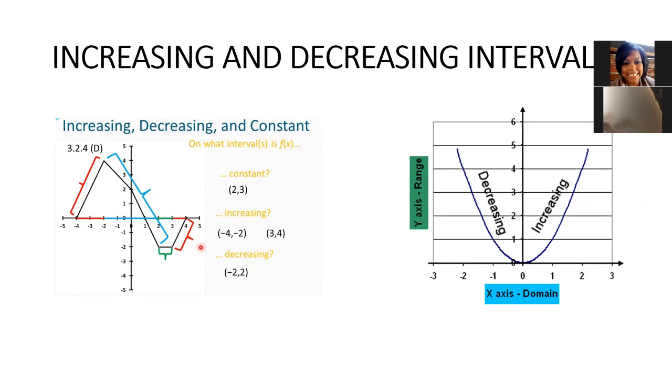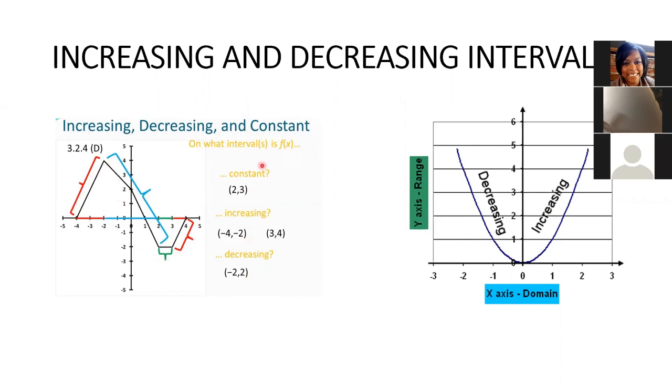I'm increasing on a couple of intervals: in the red from -4 to -2, and also in the red from 3 to 4. And then decreasing, even though it has different slopes, this whole thing is decreasing. So I'm decreasing from -2 to 2.